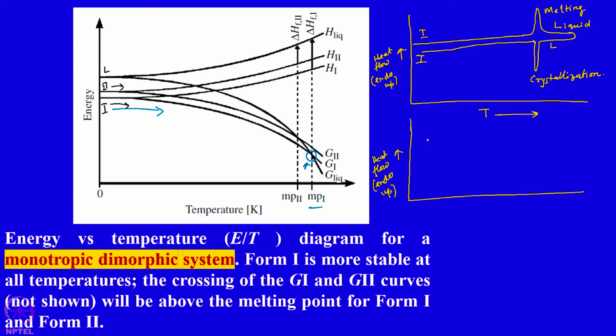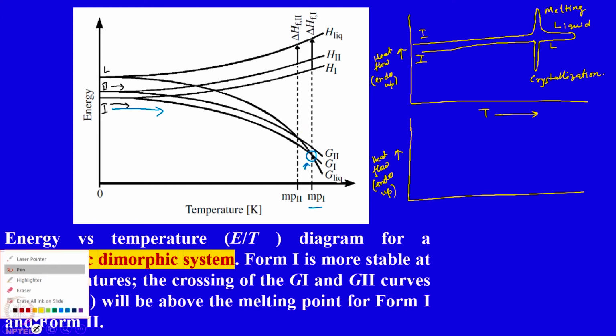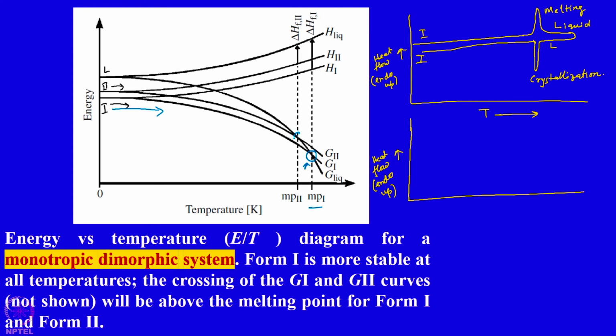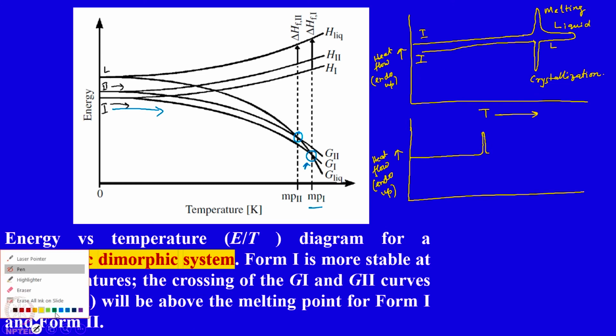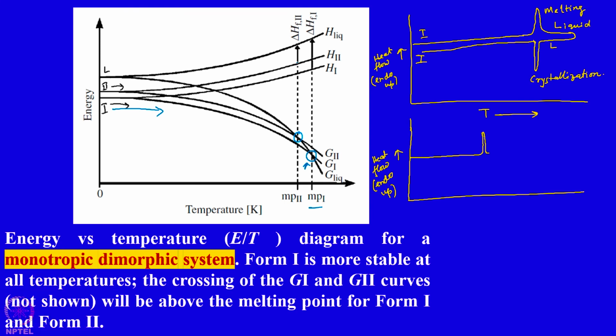Form 2, you remember, is the thermodynamically unstable phase, and it has a melting point which is lower than that of form 1. So, if we are heating this sample from room temperature, at its melting point it will first melt. In terms of energy, on melting this form 2 goes from here to there by absorbing that much energy, but at that particular temperature form 1 has a lower energy.